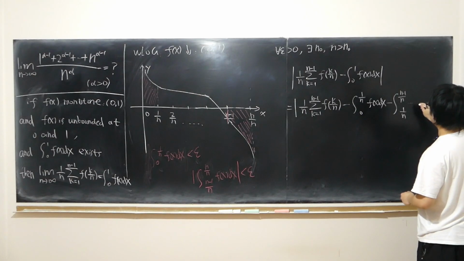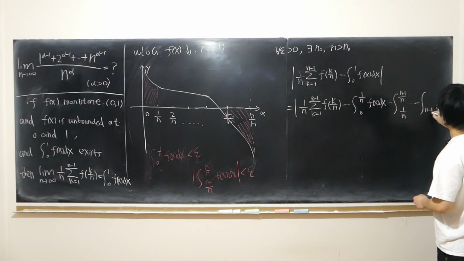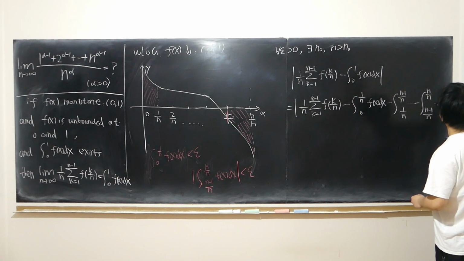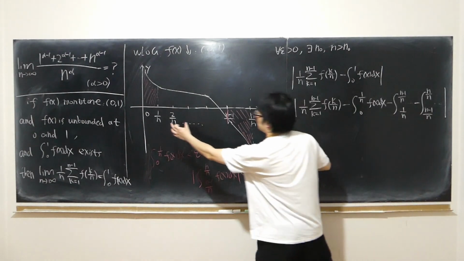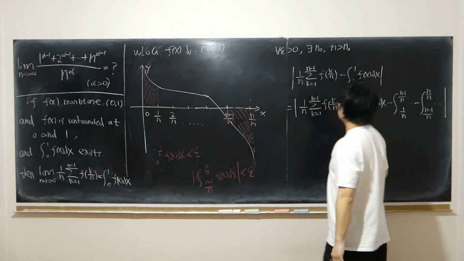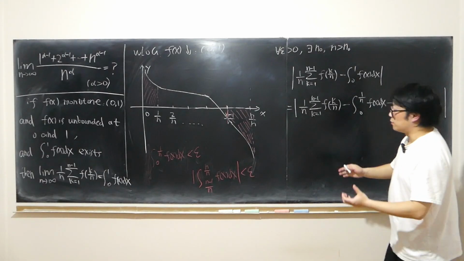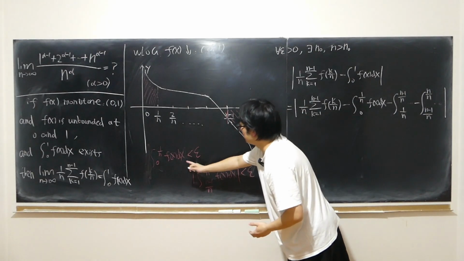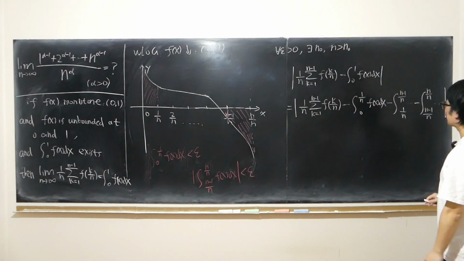Third part, I start from n minus 1 over n up to n over n. Right, 3 parts. Again, the motivation is simple: first I have this, then I want to look at the difference of these.